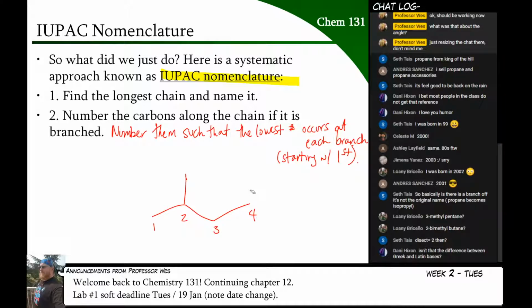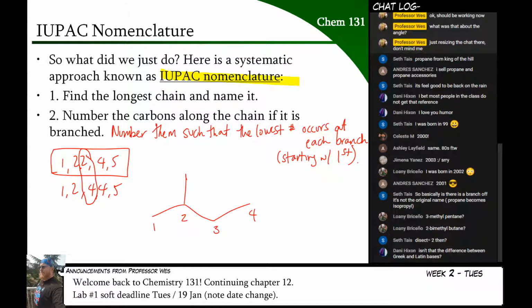Now, if you have multiple branches, which you will, you want the lowest possible number sequentially. So the first number should be the lowest. If there's a tie, you can start with 1, for example, then the second number should be the lowest. And whenever you have a choice between 2 different numbering schemes, if I number them forward and backwards and I get this, 1, 2, 2, 4, 5, and then for this one I get 1, 2, 4, 4, 5, this would be the correct numbering scheme because in the third comparison, 2 is lower than 4.